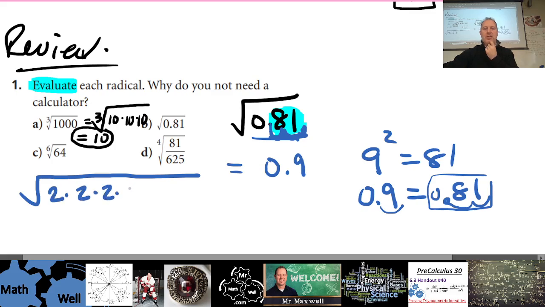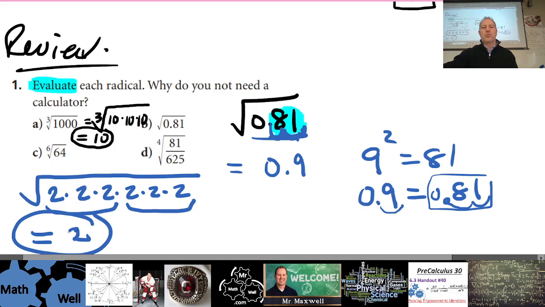That's 3, here's 4, 5, and 6. Now, this is 4 times 4 times 4. 4 times 4 times 4 is 64. Or what about this? 8 times 8. You see that? That's 8, and this is 8. 8 times 8. Cool. So my answer is 2. The 6th root of 64 is 2.